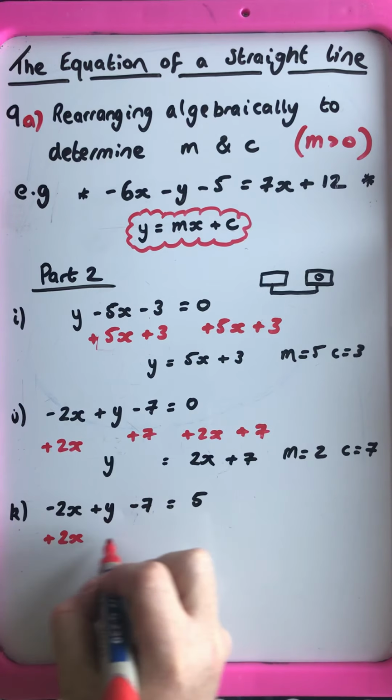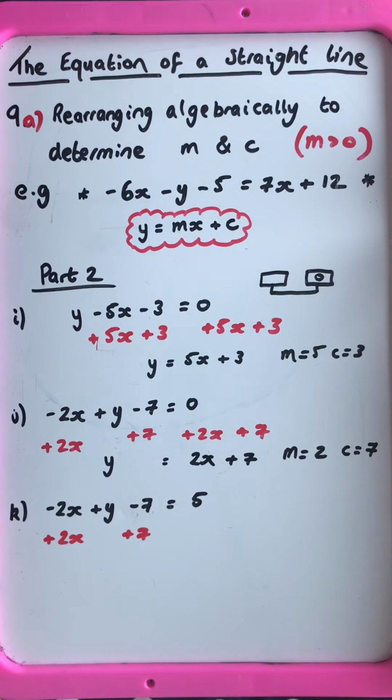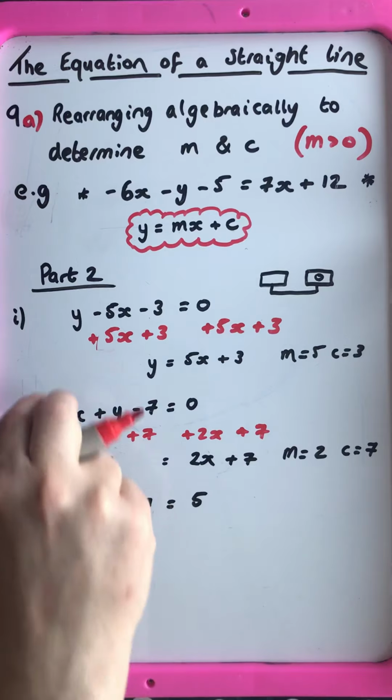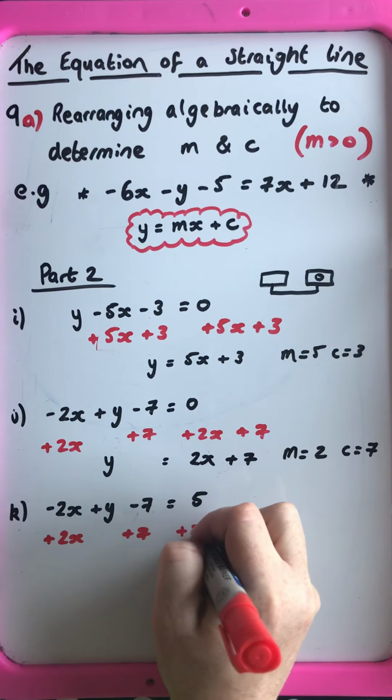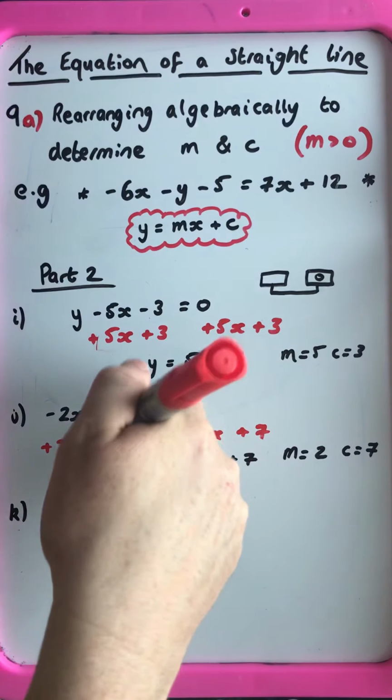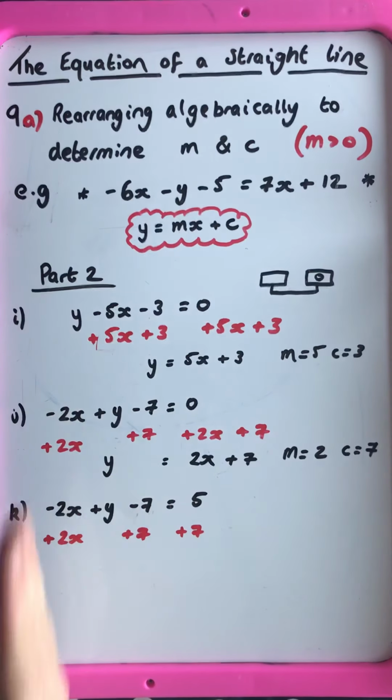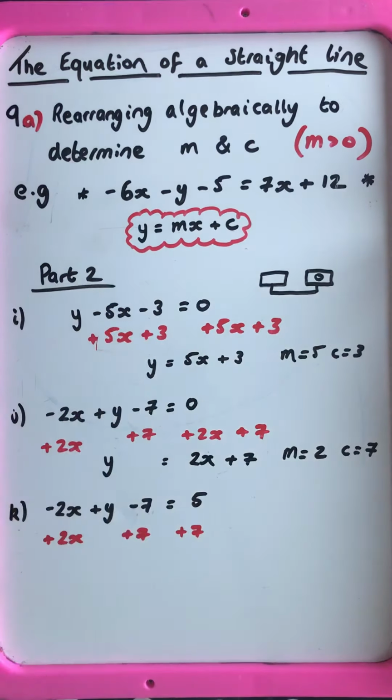Plus 2x plus 7. Now this time I'm going to keep it in the vertical layout that I was talking about, but I'm going to write that 7 here. So our numbers are in the same column. You might think about that as your place value columns. I'll write my 2x here.